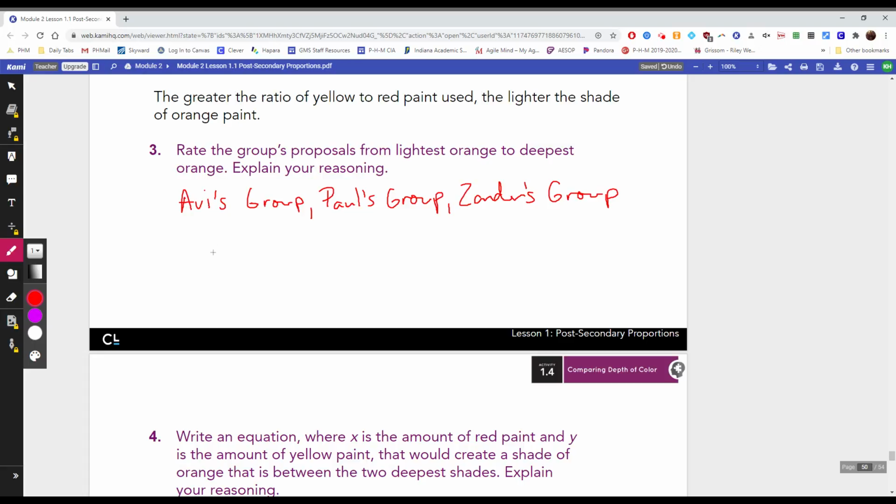And again, Avi's group was 4 yellow to 5 red. Paul's group was 3 yellow to 5 red. And Xander's was 1 yellow to 4 red. So this would be the darkest, this would be the lightest.